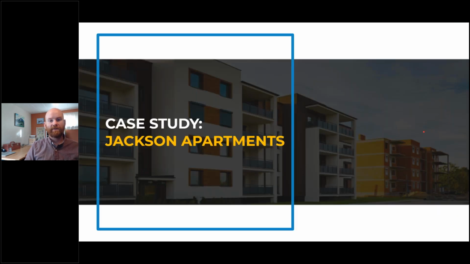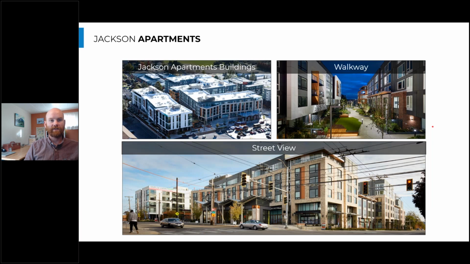So we're first going to explore a case study, and this is a case study that we've used in the past in a few of these presentations, and it's the Jackson Apartments. This is a new construction building in the Seattle Central District area. So there's the building there from a 3D perspective. There's a central courtyard or walkway that connects two paths or to the street.